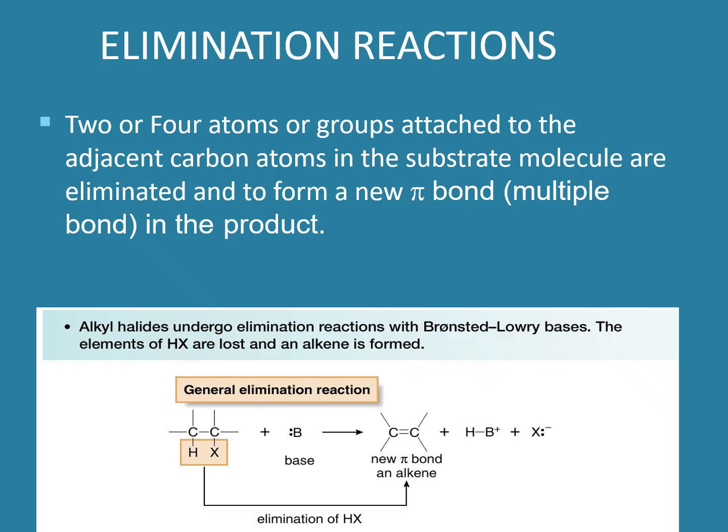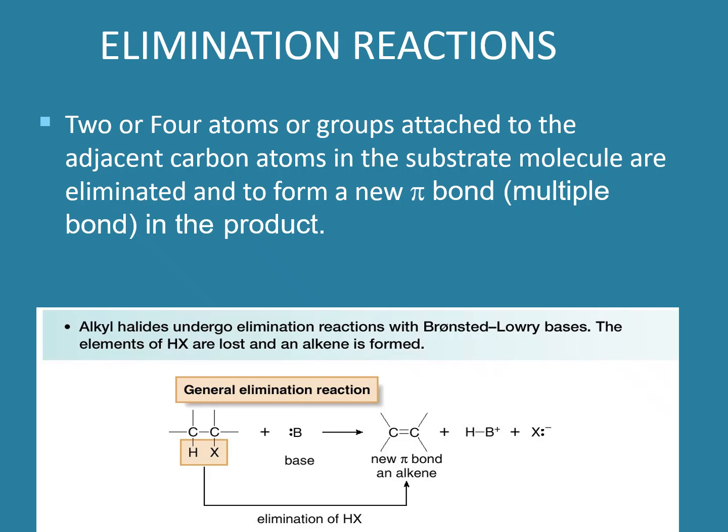The hydrogen and halide atoms are highlighted in a box, and these two atoms will be lost in the elimination reaction. The atoms attached to the adjacent carbon atoms will be removed, and a double bond will be formed.